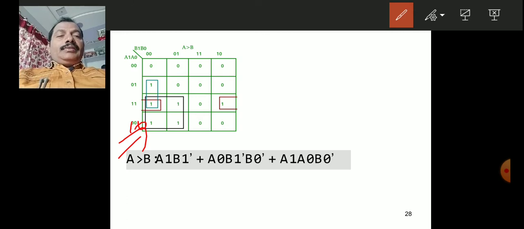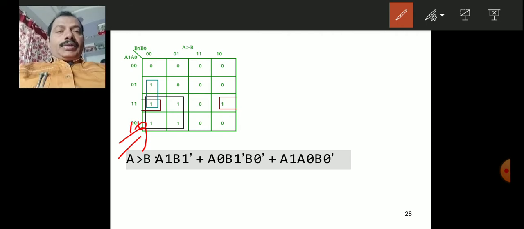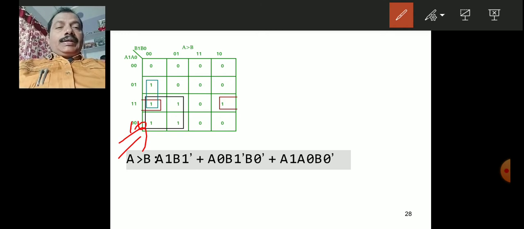Observe here, the quad is occupying 2 rows and 2 columns. In the row side, A1 is not changing, A0 is changing. Hence retain A1, eliminate A0.